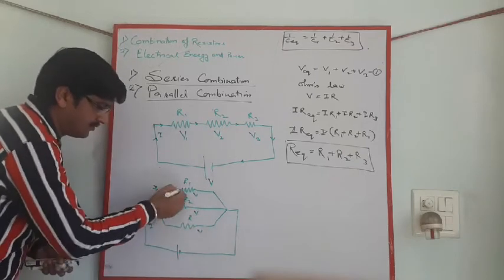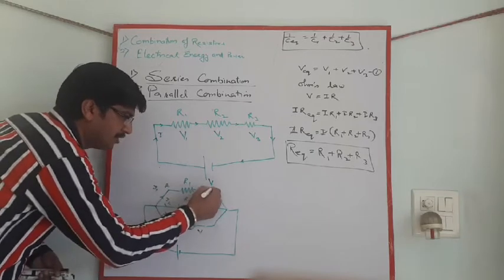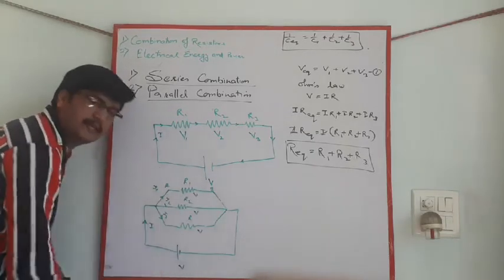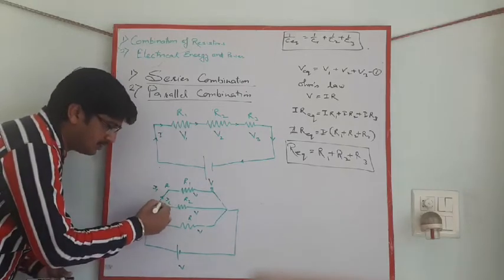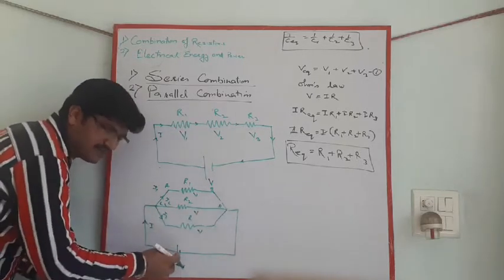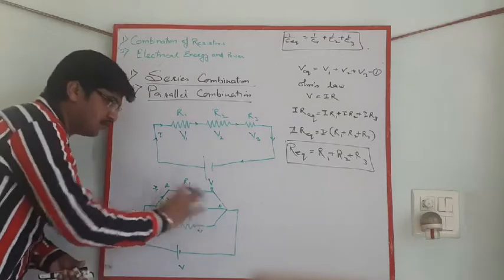The left terminal and right terminal, the A terminal and B terminal of resistance 1, is at potential difference of V because it is connected to the source of EMF. The C and D terminals are also connected to the potential difference V, so that is also having a potential difference V across R2.